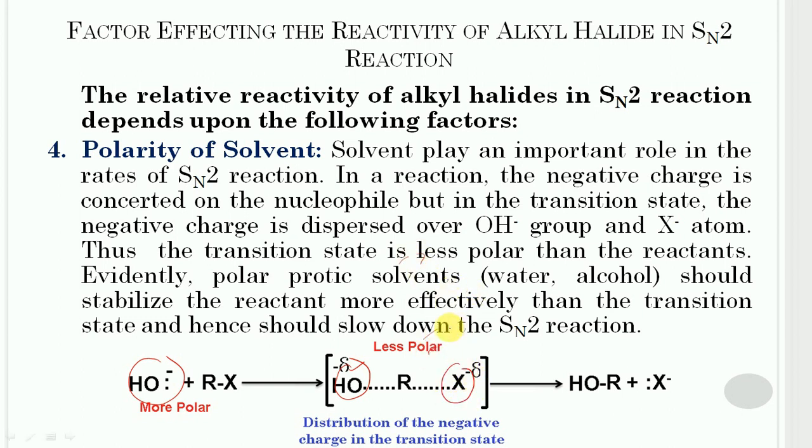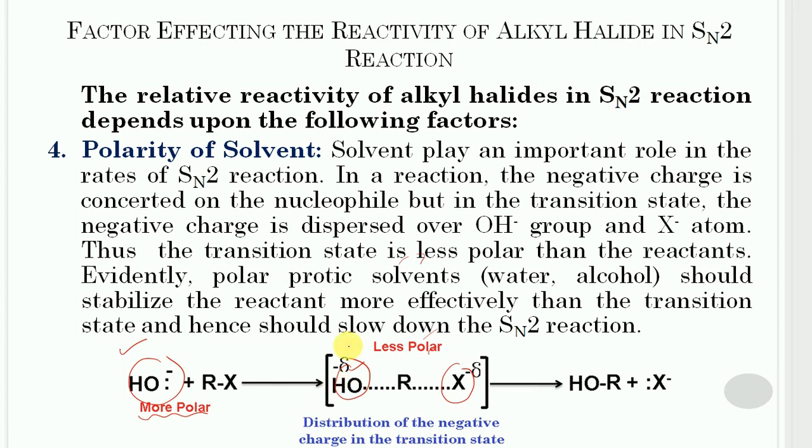Thus, the transition state is less polar than the reactant. Evidently, polar protic solvents like water and alcohol should stabilize the reactant more effectively in comparison to the transition state, and due to this they should slow down the SN2 reaction.